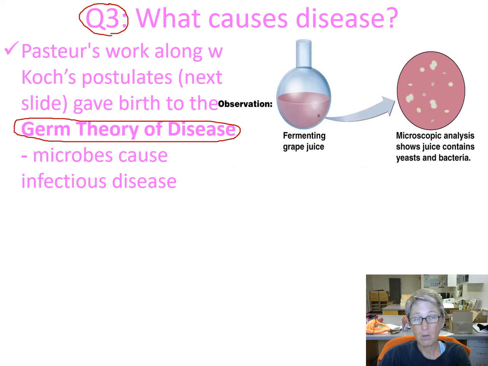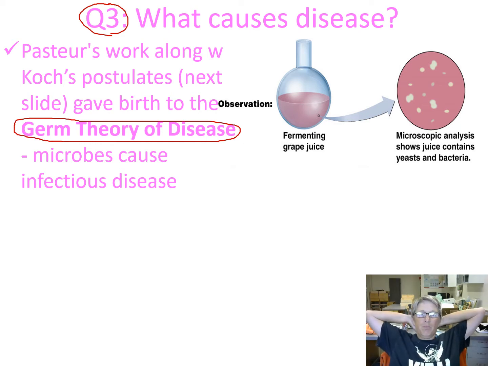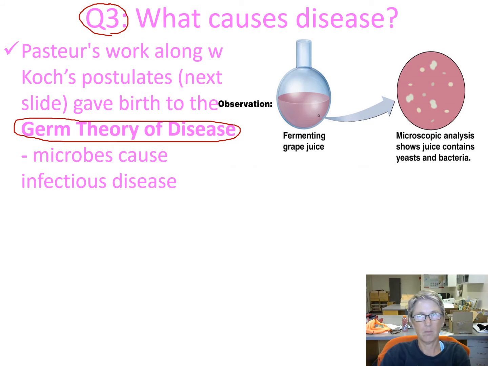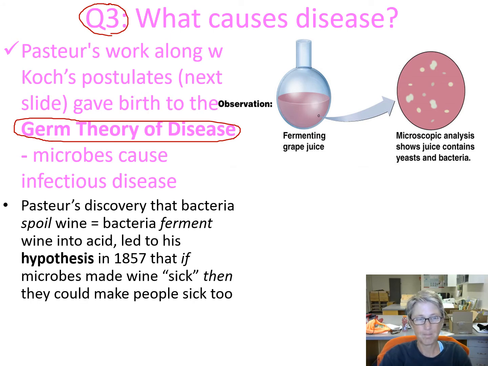So before the germ theory of disease, people just thought you were possessed by a demonic spirit when you got sick. Some people thought that. They had all sorts of theories about why you got sick or why you had a disease. Pasteur and Koch together, their work gave rise to the germ theory of disease, stating that microbes cause infectious disease.